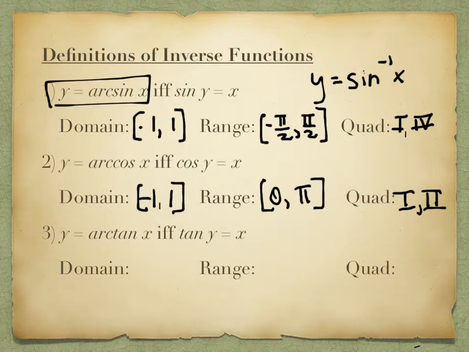And the reason that happens is because the period for a tangent curve is actually pi instead of 2 pi like it is for sines and cosines. Sines and cosines repeat a full 2 pi later, but for tangent and cotangent, it's a period of pi. So every pi units, it will repeat the pattern.